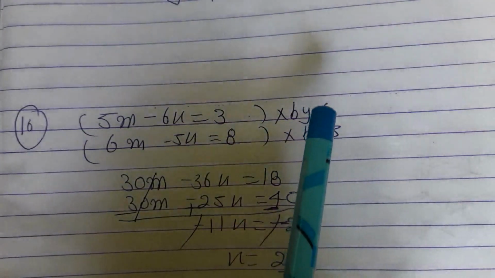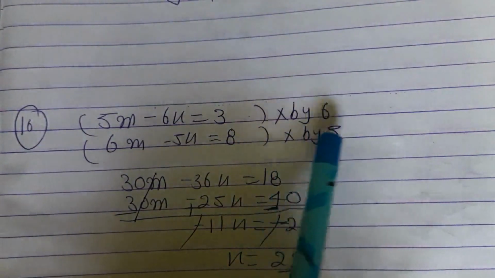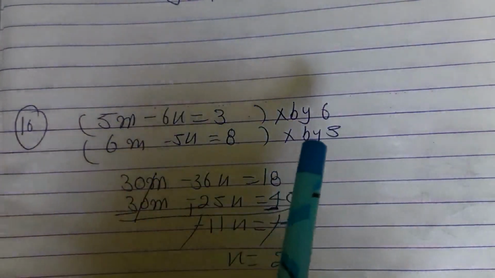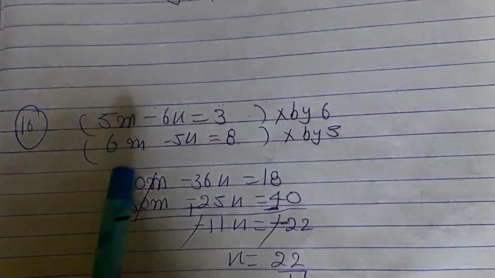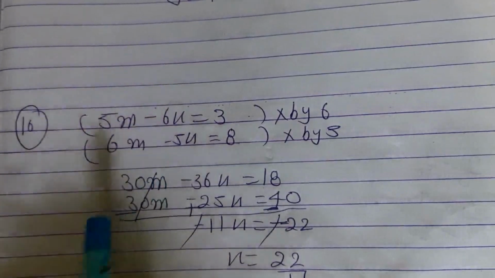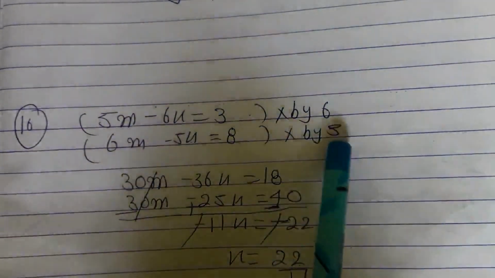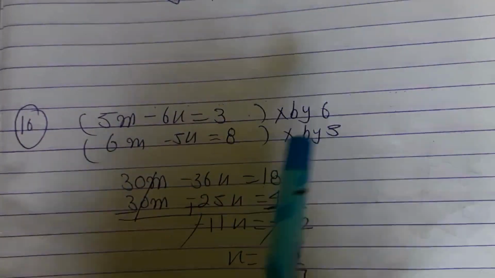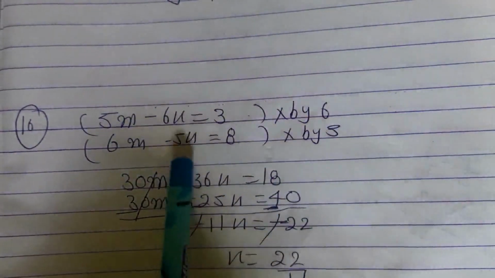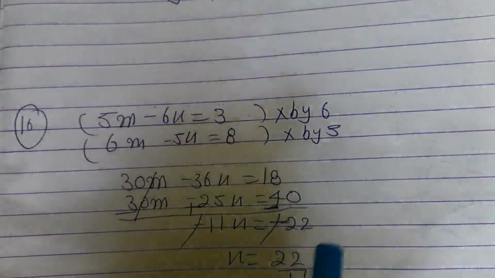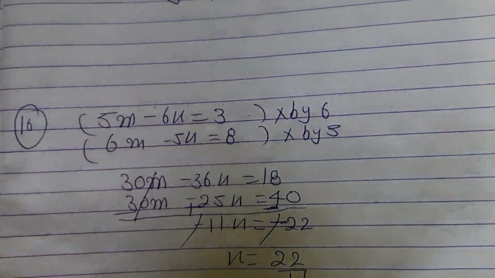Multiplying by 6: 6 5s are 30, 6 6s are 36, and 6 3s are 18. Equation 2 multiplied by 5: 5 6s are 30, 5 5s are 25, 5 8s are 40. Now the numerical value of m is equal.